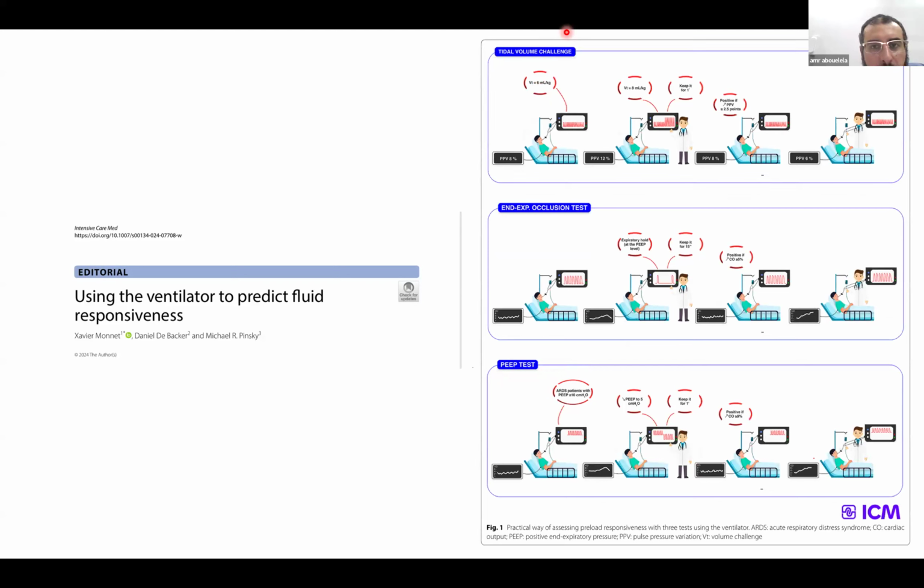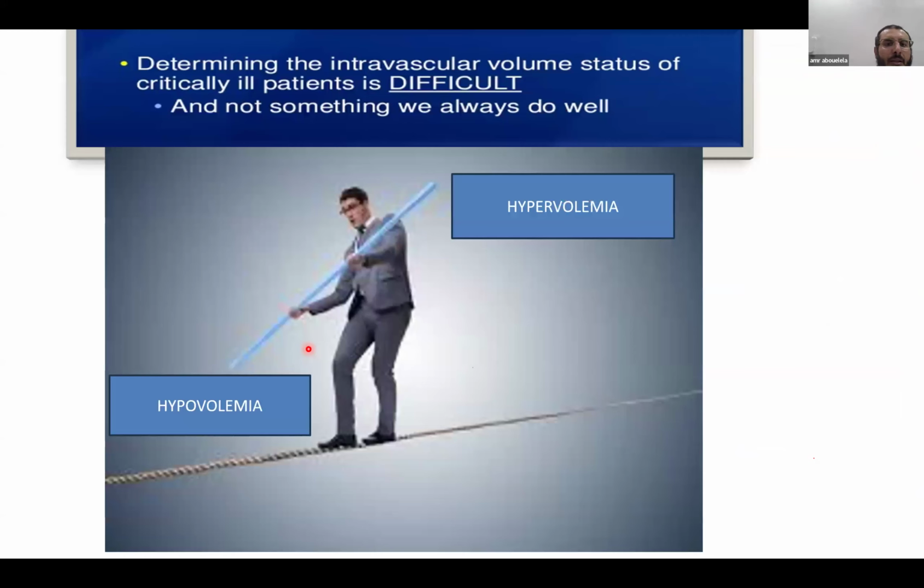I don't have time to explain all this, but I will give you, in the last slide, the references of many very interesting papers, all published in 2024. If you are interested in reading them, this is one of the important papers. I recommend everyone to read it. It is by Xavier Monnet, Daniel De Backer, and Michael Pinsky, and the three are very well-known names in the hemodynamic field, and it's actually a very nice paper.